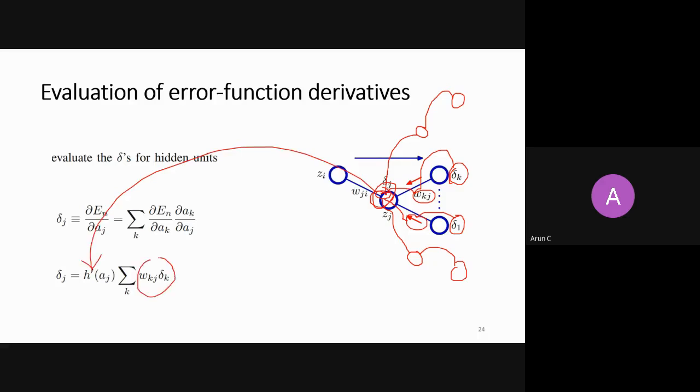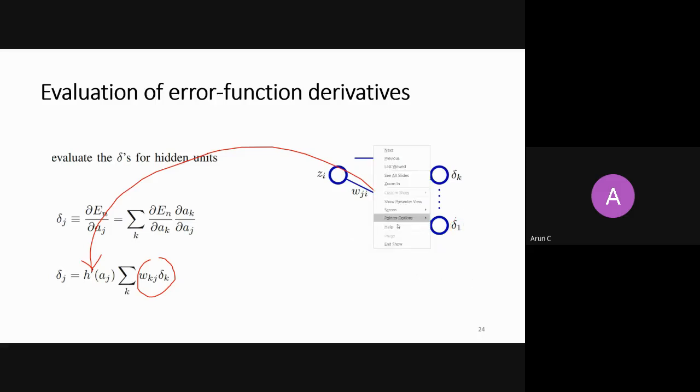And this is nothing but I'm summing all the error contribution multiplied by the weight of the edge, and then summing them up, right? So in short, we are multiplying the contribution of error going backward with the weights for every path, and then summing them up, and finally multiplying them with the h dash a, because it was common.